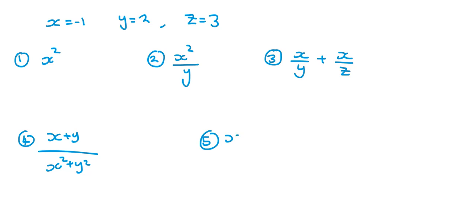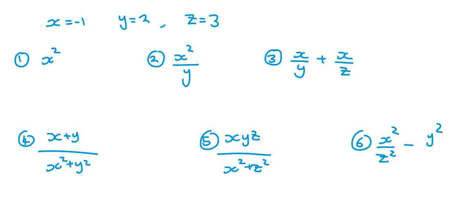And let's go for gold. X, y, z over x squared plus z squared. Let's do an extra one. X squared over z squared minus y squared over x squared. Okay, pause the video and have a go doing these questions.